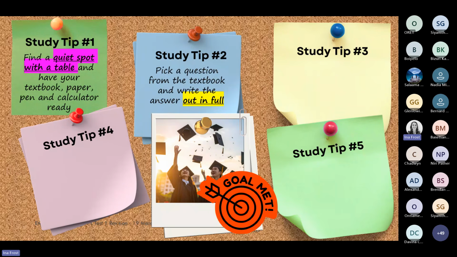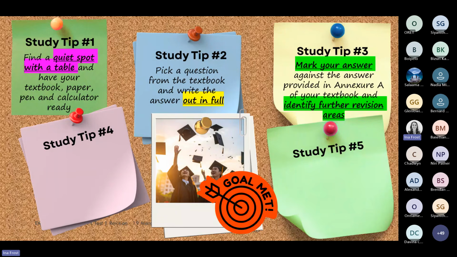So you're going to pick a question from the back of the textbook. You're going to write your answer out in full, and once you've completed it, you are going to mark it against the solutions given to you in the back of the textbook. And you're either going to say, okay, I understand this concept, or you're going to identify potential problem areas and say, oh, I didn't really understand transactions 5 and 6.